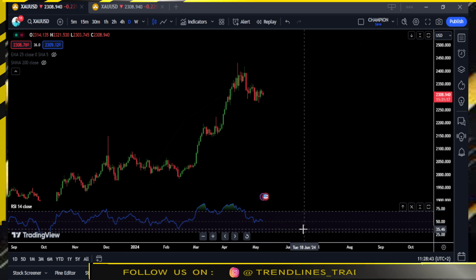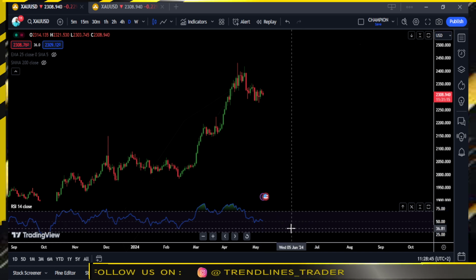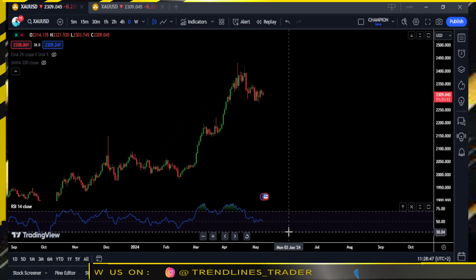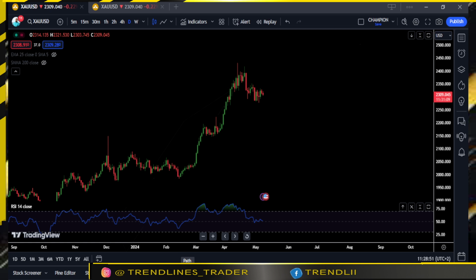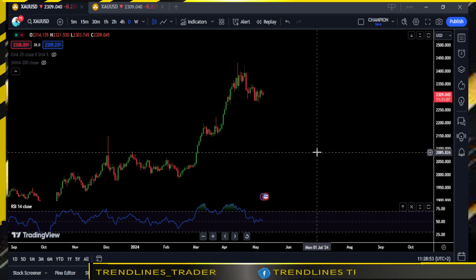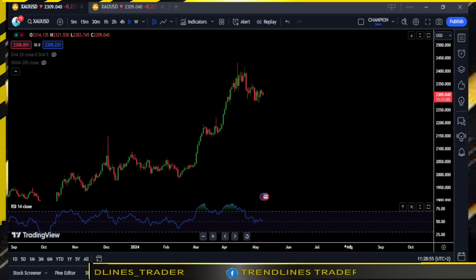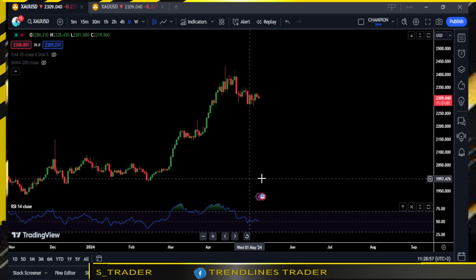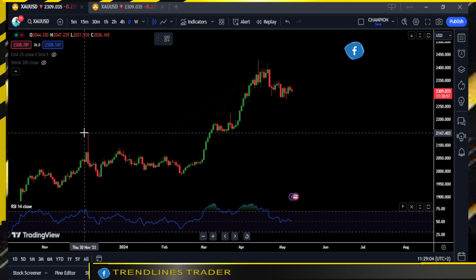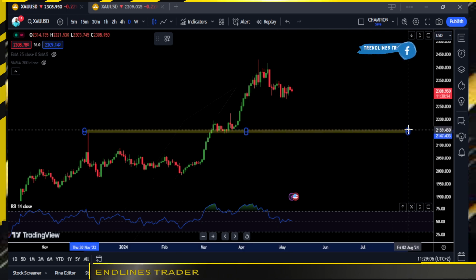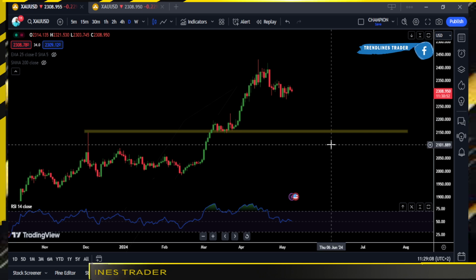As we are trading gold, we still look for short time frames. Remember, we are on the daily time frame. As we know our patterns, let me start by drawing the support and resistance structure.